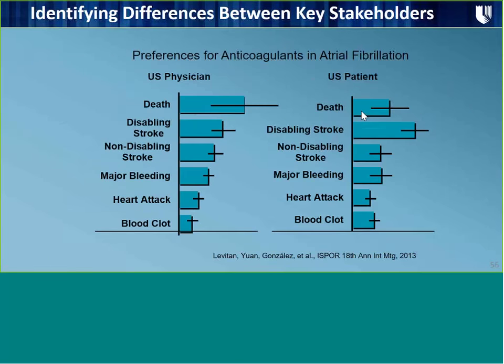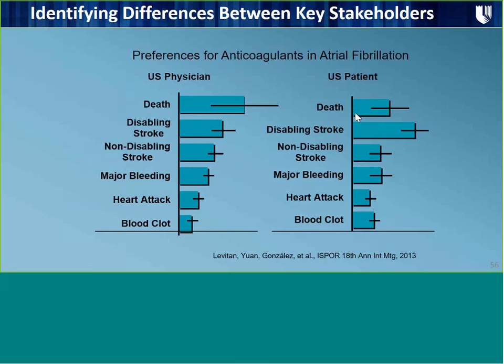And then finally, in the final example, another way in which preference information has been widely used is to contrast the preferences of different stakeholders. This is a study that was conducted in the U.S. There was actually a Japanese component to this study as well, but it was conducted a while ago in atrial fibrillation.